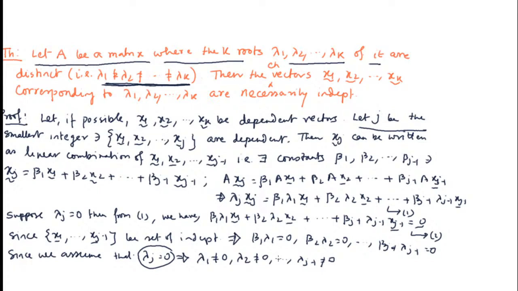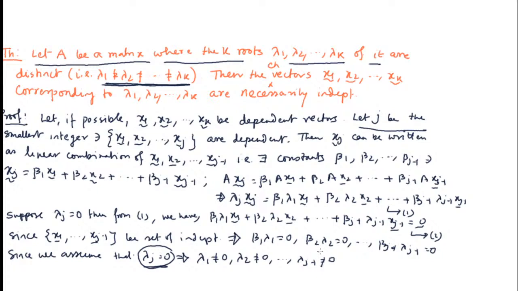Can I repeat it again? See, we assume that the roots of A, according to the statement of this theorem, are all distinct. If lambda j is 0, since all roots are distinct, this means lambda 1 to lambda j minus 1 are all non-zero.